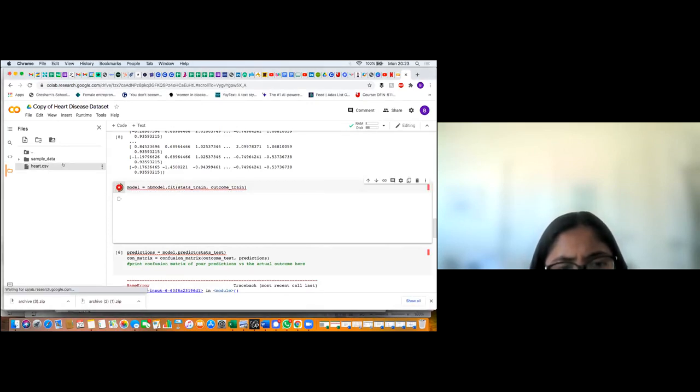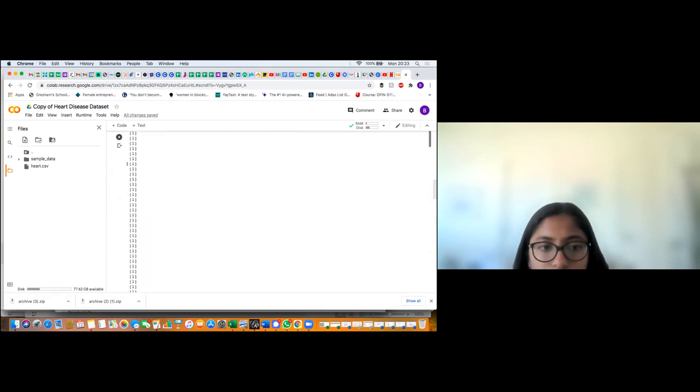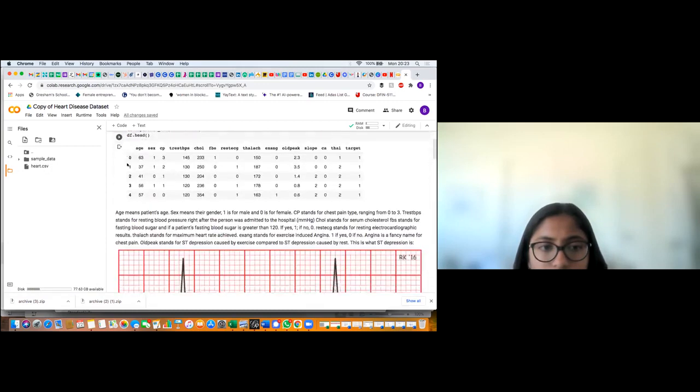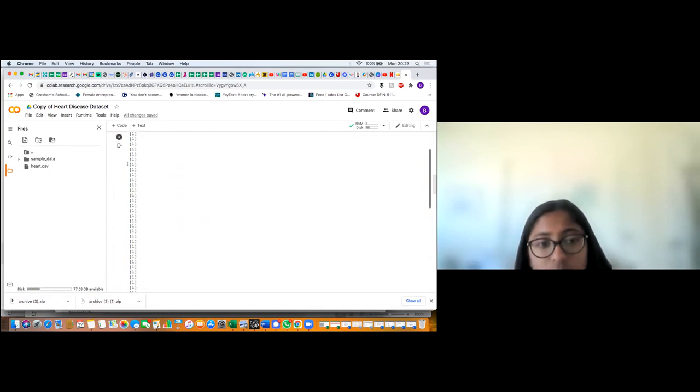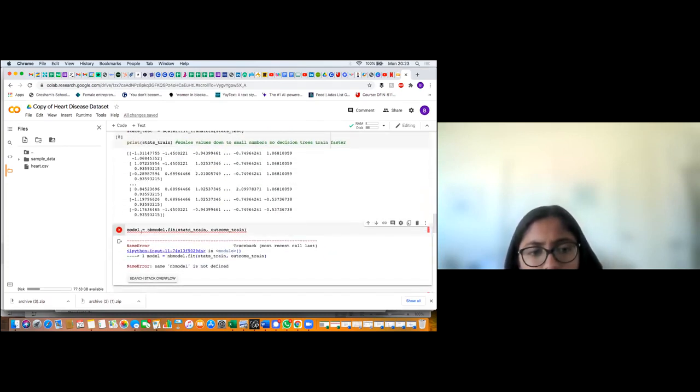I imported the heart CSV. I went through and ran each of these, or so I thought. Then when I got to the bit where we had to do the next step, I copied and pasted model equals NB, and this is what I got.